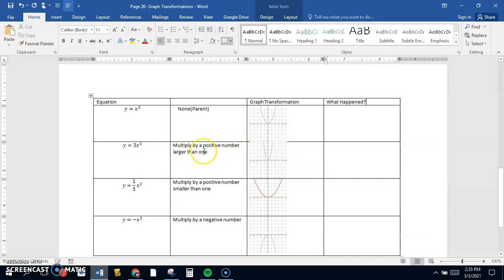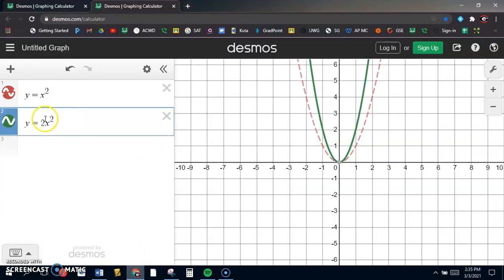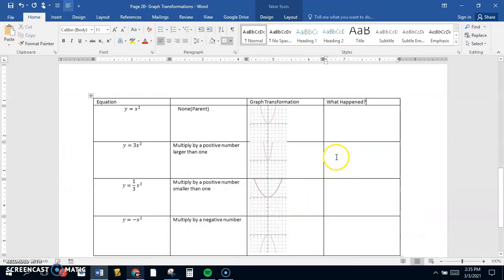If you multiply by a positive number larger than 1, in this case it was 3, it makes it more narrow. The larger the number, the more narrow it gets. So I would write narrow here, and I also would write the words vertical stretch, which is indicating that you sort of grab it and pull up on it, making it more narrow.